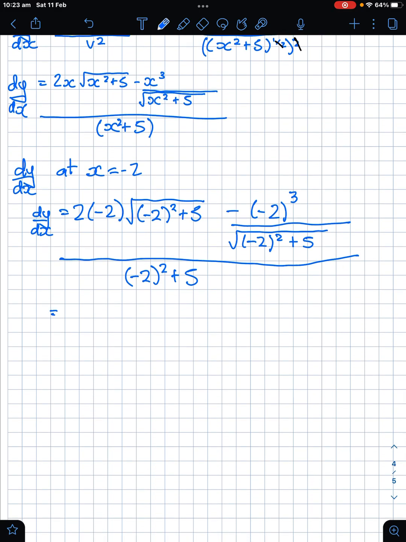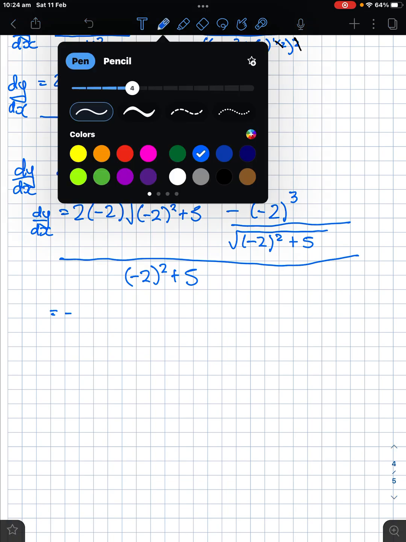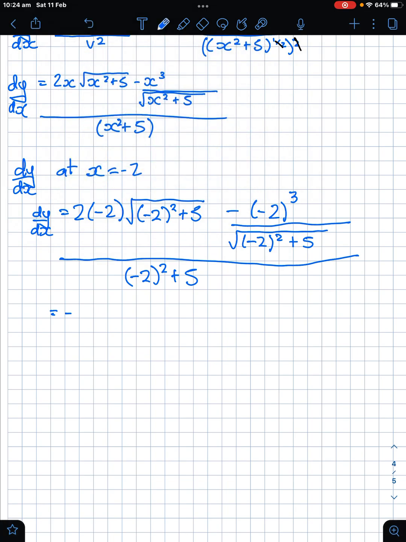If we start multiplying out here, 2 times -2 is -4. Inside this square root, we've got negative 2 squared is 4, and then 4 plus 5 is 9. So we're going to have 9 minus, this is (-2) cubed, which is 8.